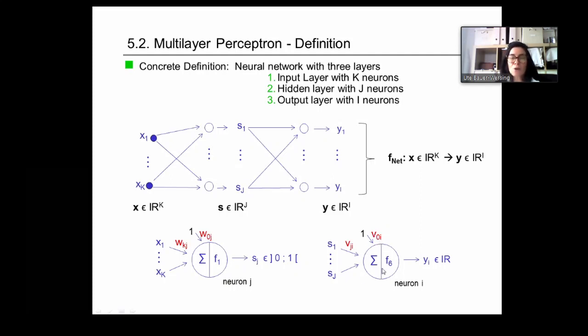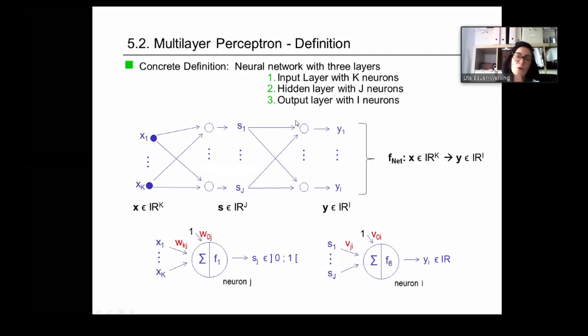So we have the integration part, and in contrast to the neurons in the hidden layer, we are assuming a linear activation function for the neurons in the output layer. Each neuron in the output layer outputs a real-valued number, yi.